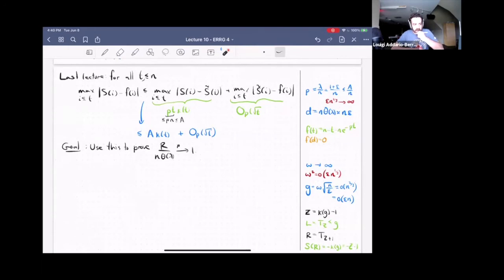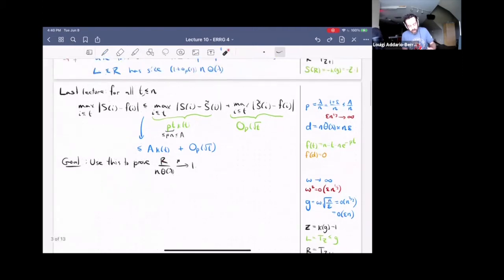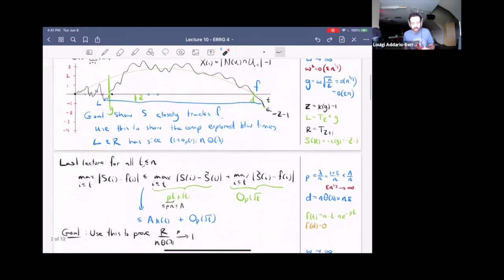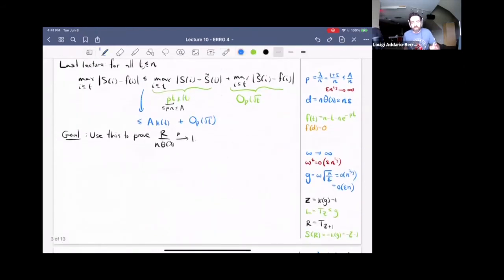Right, so let me prove this. I know that S is closely tracking F, so if I'm going to use that to prove something about when S hits this local minimum, I'm going to need some information about F. So let me just tell you the information I'm going to use about F, which I'm going to get just by taking derivatives of F and doing some simple computations.